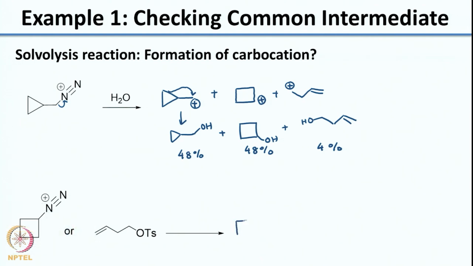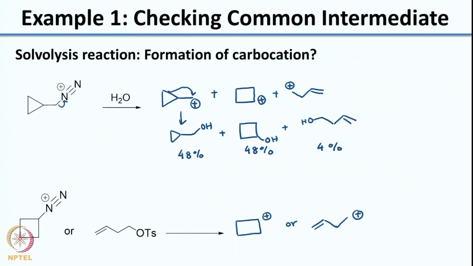Both of these would generate the corresponding carbocation, or this one. Now these carbocations are similar to what we had seen in the first example, and they can again rearrange. So you can draw all of these resonance structures starting from any one of these, correct.